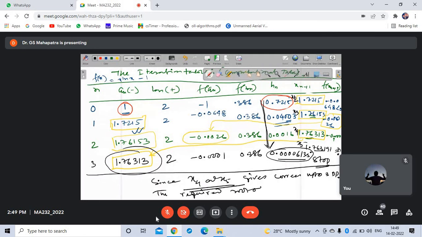Root of the equation is x equals to 1.763, correct up to 3 decimal places, 3 dp. Fine. So we just take 3 dp, here it is, and here the same 3 dp, 1.763. So the recorded root is 1.763.